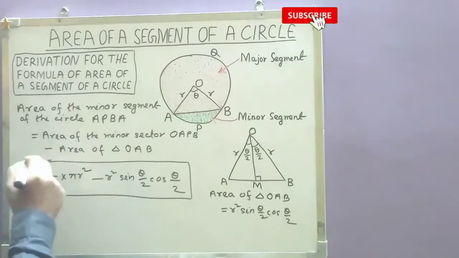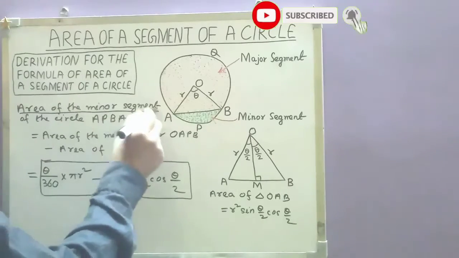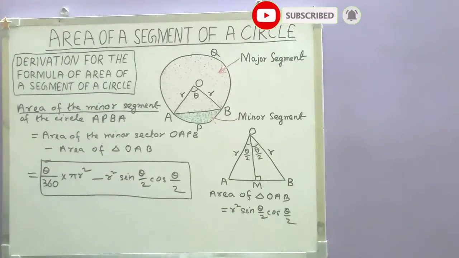This is the formula for the area of the minor segment of a circle.